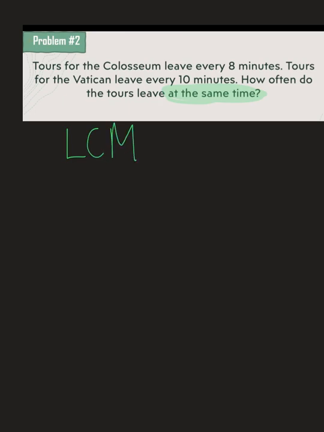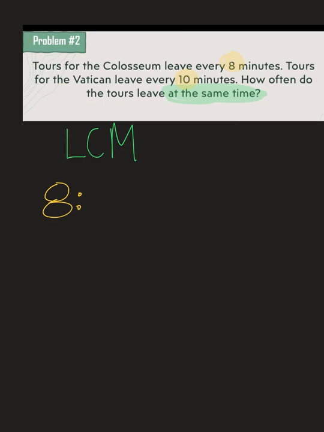So least common multiple means I need to list my multiples for my two numbers in the problem. Our two numbers in this problem were 8 and 10. So I'm going to go ahead and start by listing my multiples of 8. I always say a safe number for listing your multiples would be listing the first 5 multiples, just in case.